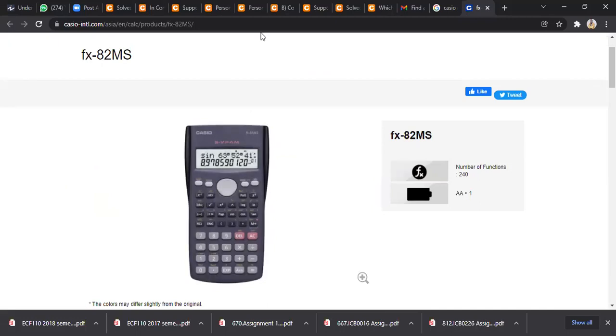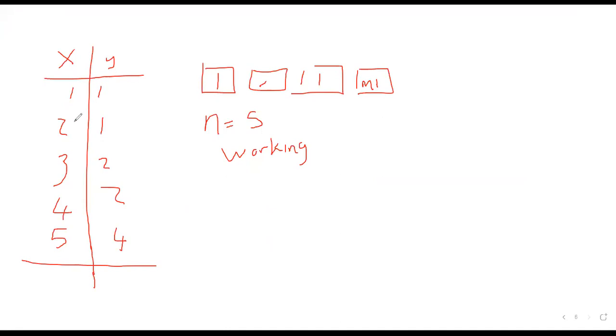The figures I'm giving you are coming from our x and y values. 2, 1, m plus. Please don't press the plus button, but the m plus, because students have the tendency of making a mistake. 3, 2, m plus, 4, 2, m plus, and 5, 4, m plus. Your sample size showing must be n is equal to 5.